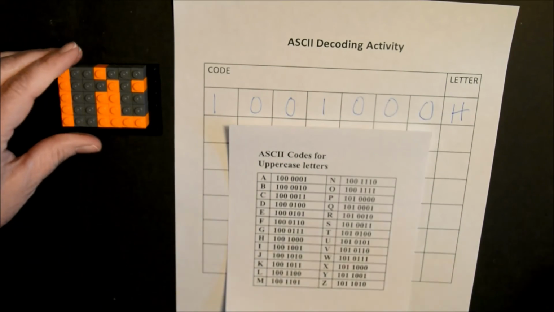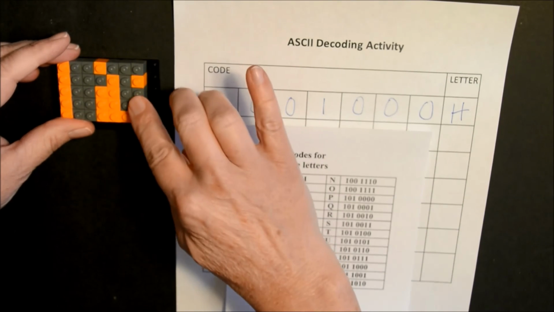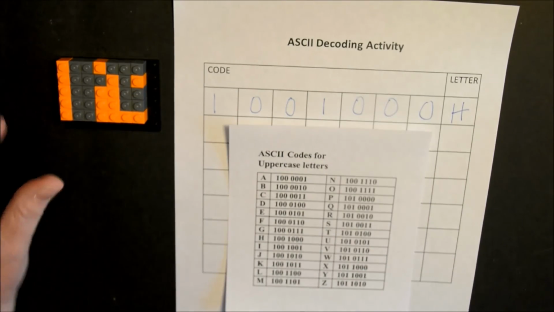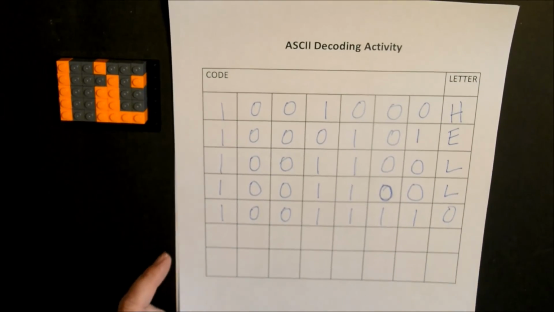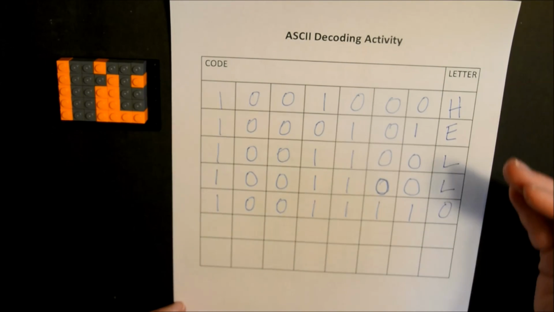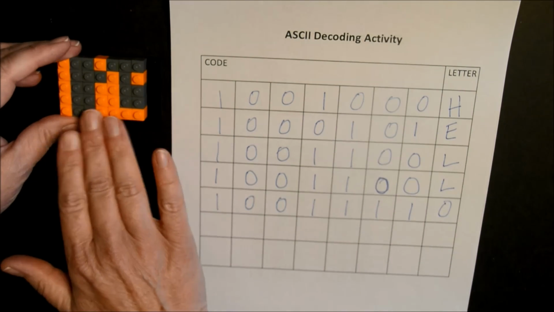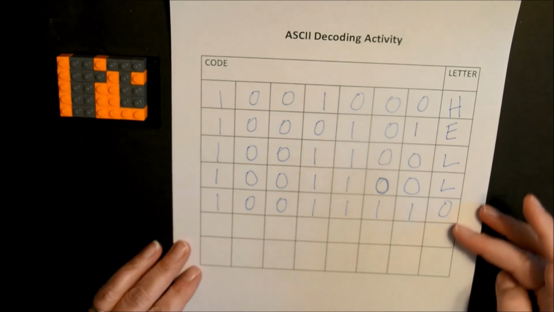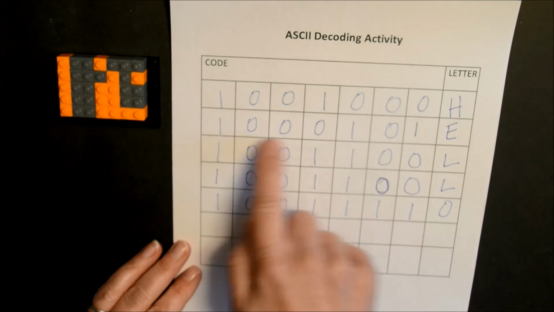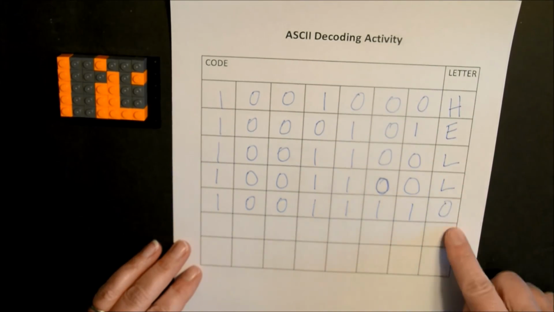So we'll step through each letter that's here encoded to uncover the word that we've encoded in ASCII. You see that here are all of my codes and the corresponding letter.